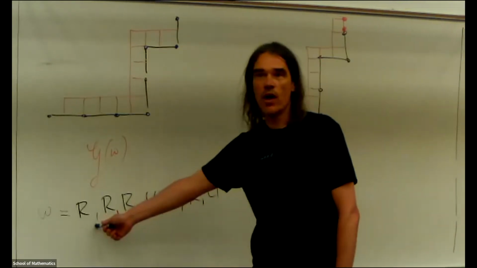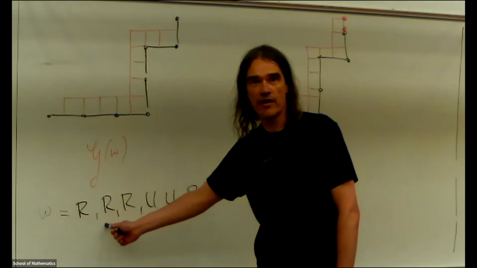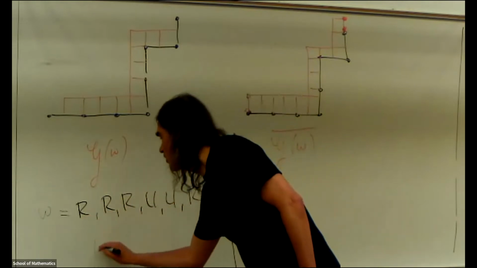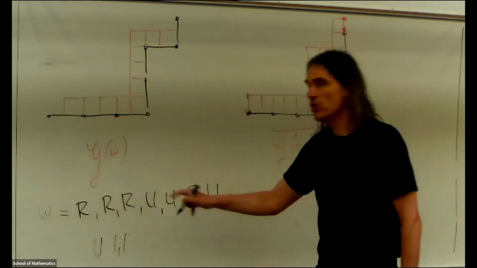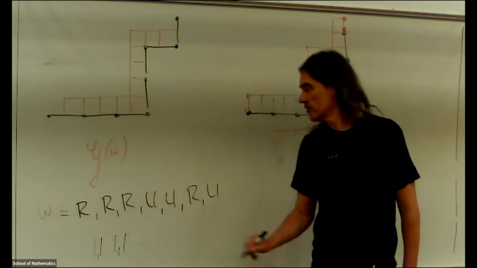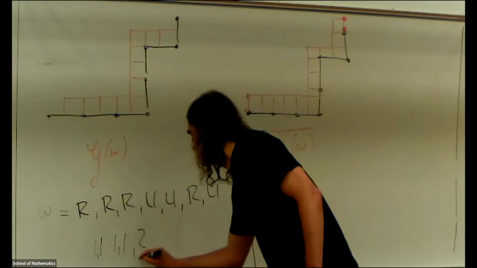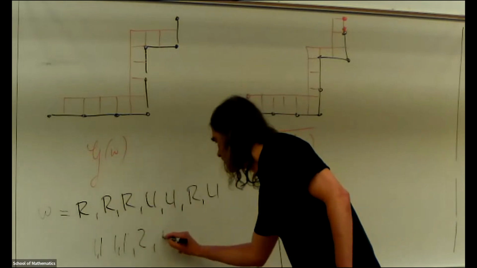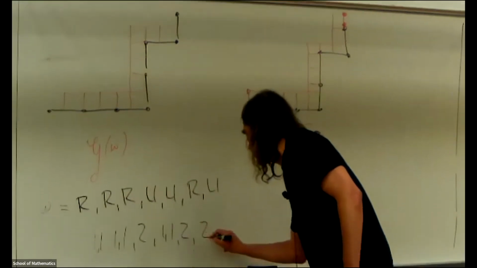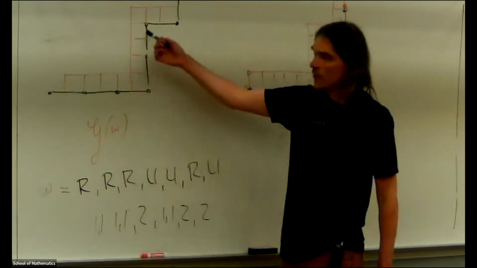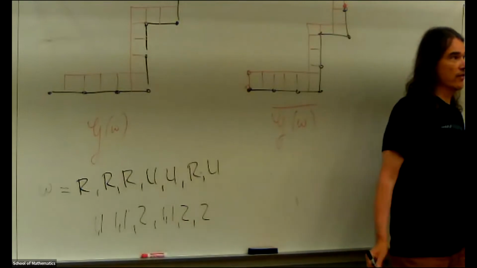I put a 1, 1 if the letter before and after are the same. Here another 1, 1. I put a 2 if there's a change in the letters. Here U and U is the same letter. UR is a change. RU a change. And that's the continued fraction of this snake graph.